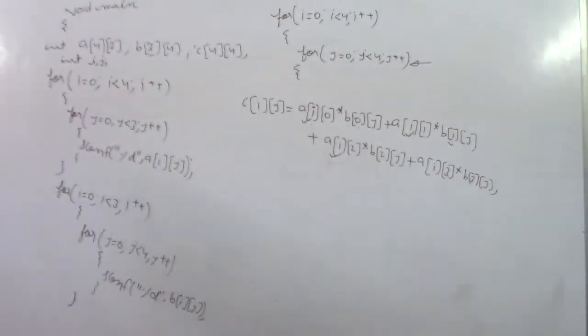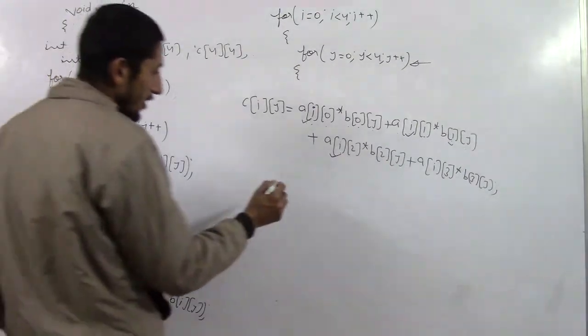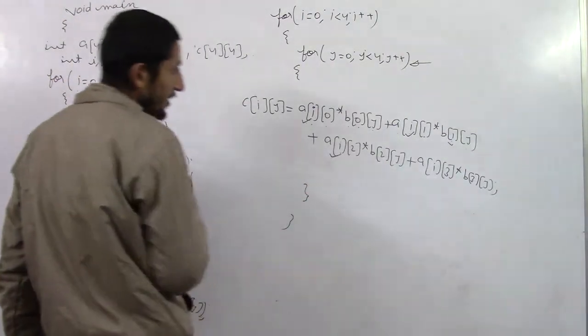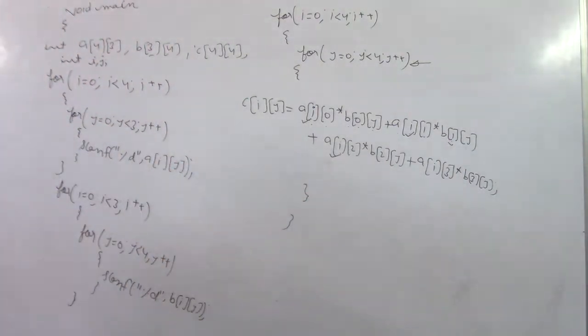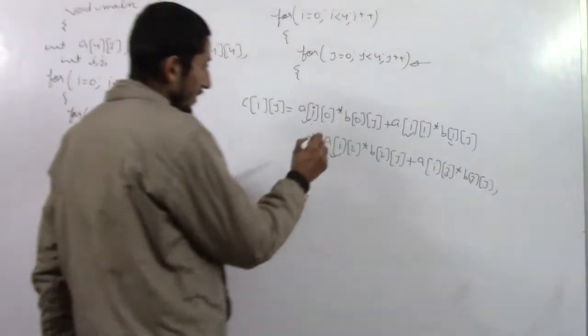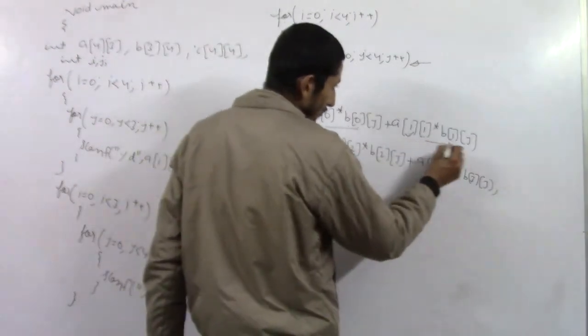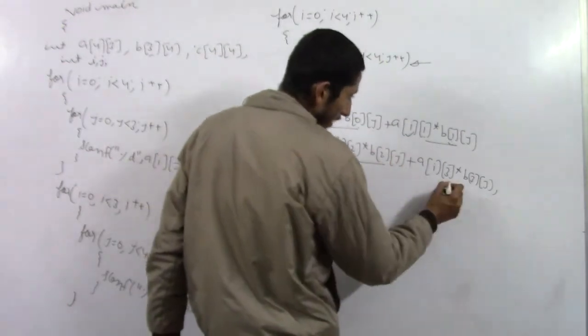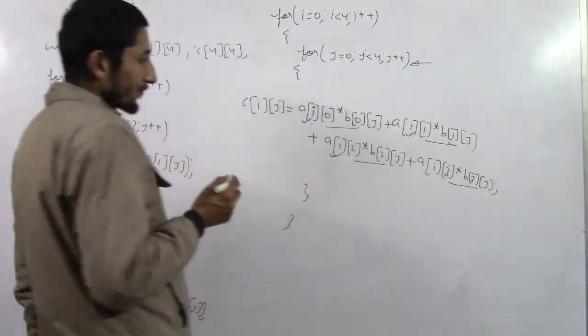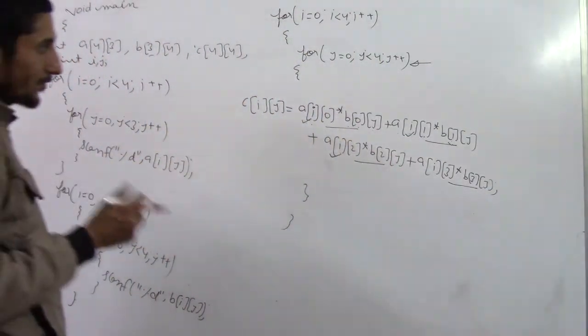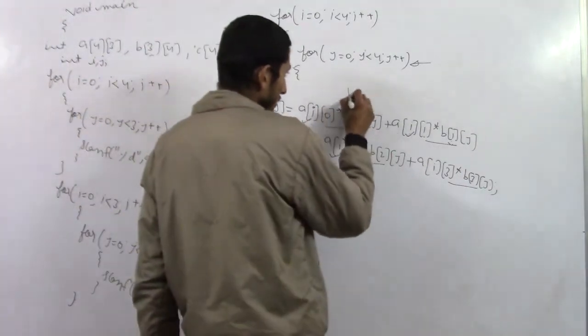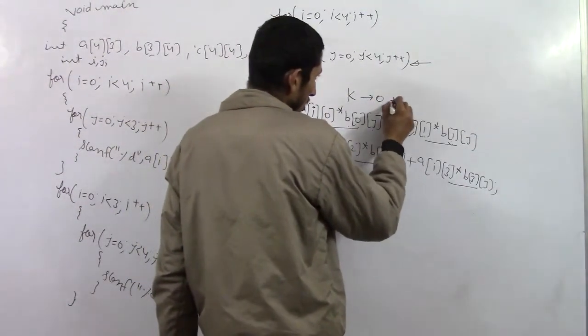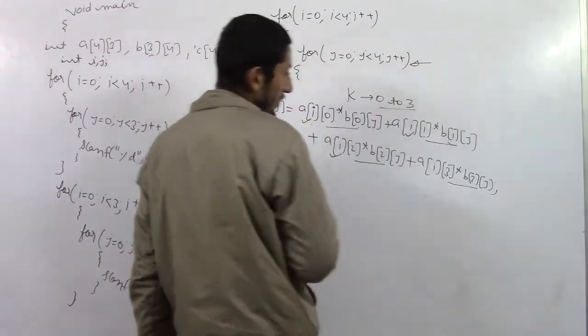I have told you many times, whenever we have a possibility of repeated statements, we can apply a loop. So what I can do, just look at this one. That is 0, that is 1, that is 2, that is 3. So I can replace this one with a loop named k, starting from 0 up to 3. Are you following this one?